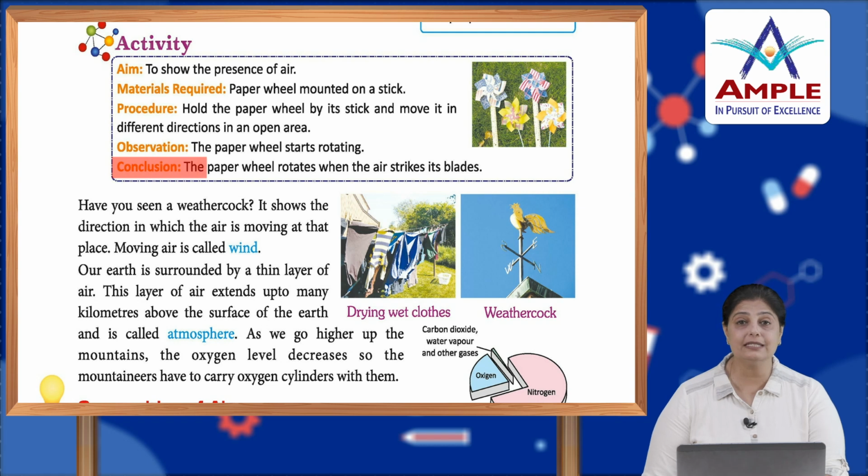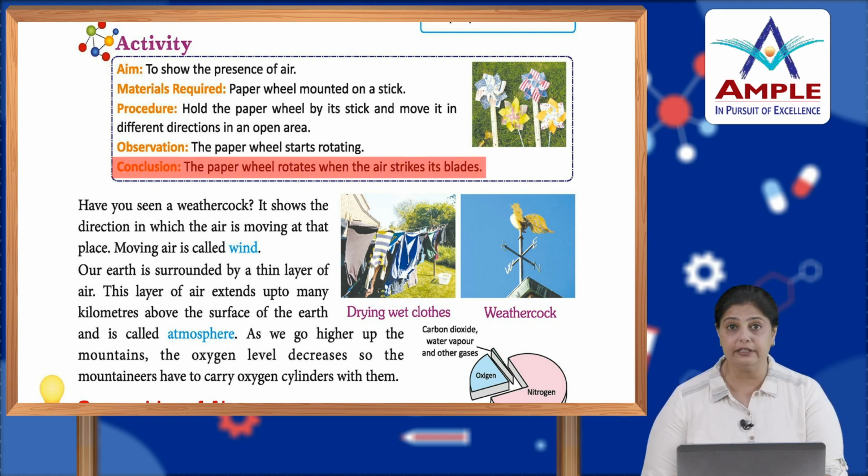The conclusion is that the paper wheel rotates when the air strikes its blade. When you hold it in a particular direction and it moves, that means the air is moving from that direction, hitting the paper wheel and making it rotate. Do this observation.